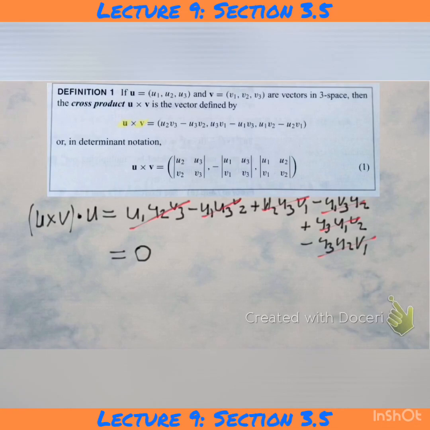Now you can check the other way as well. You can take the vector u cross v and dot it with v, and you'll get the same situation.